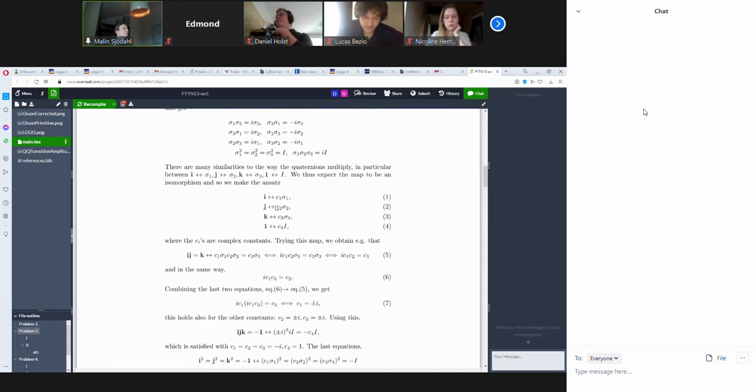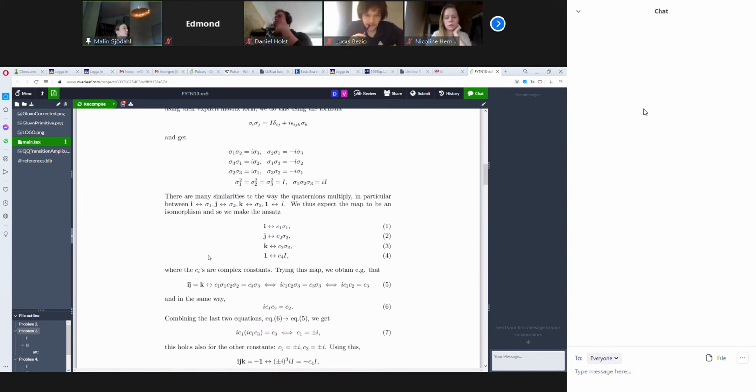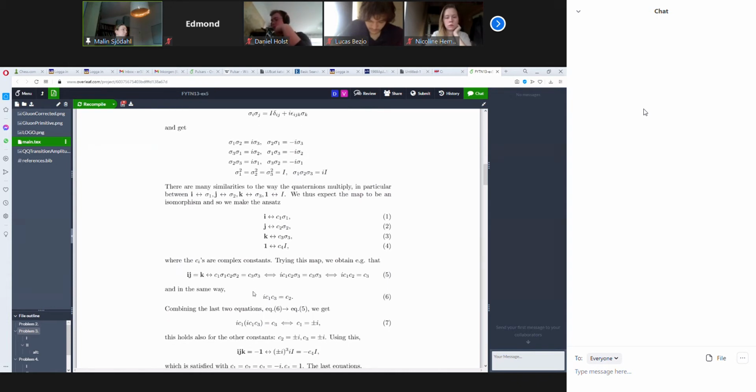So if we try this map or ansatz, we can compare, for example, that the quaternions ij should be equal to k, then sigma 1 and sigma 2 with their constants should be equal to sigma 3. And then we use that sigma 1 times sigma 2 is I times sigma 3.